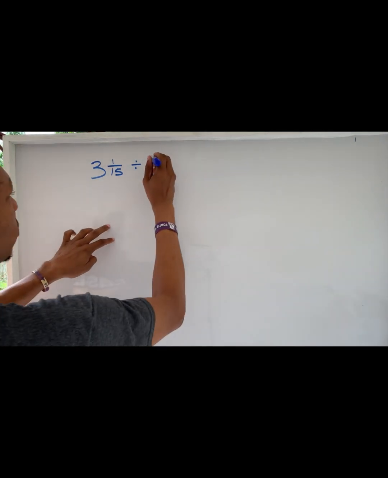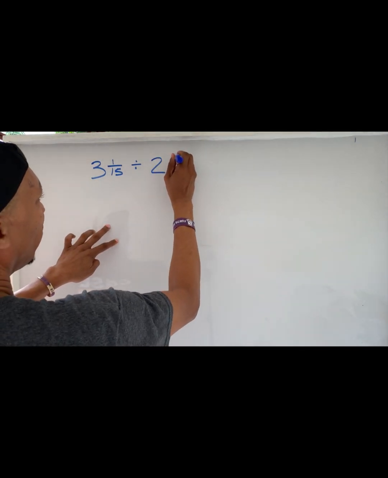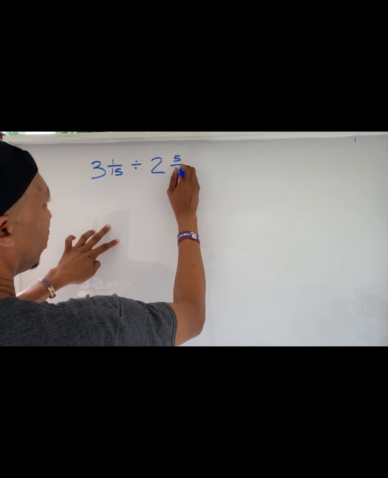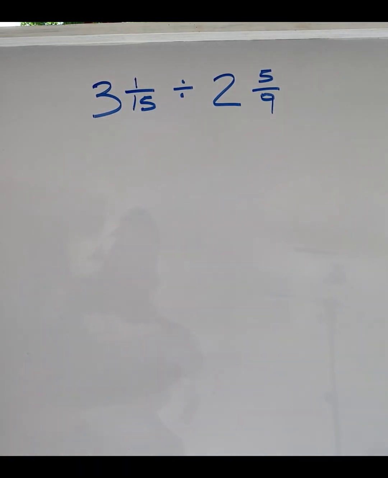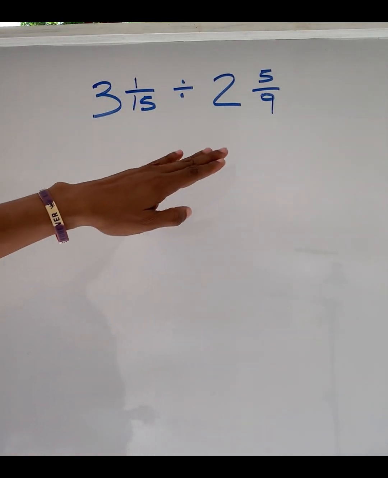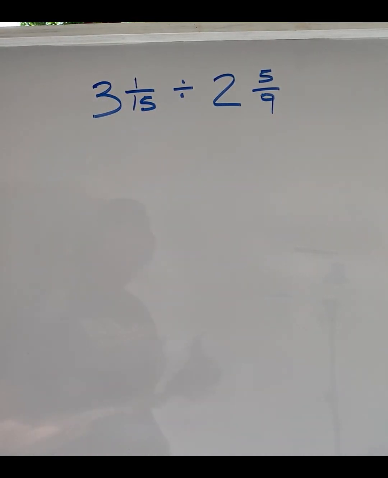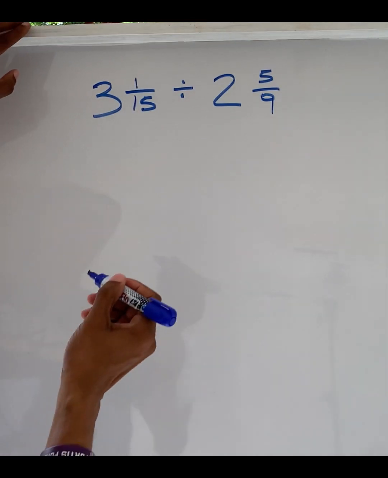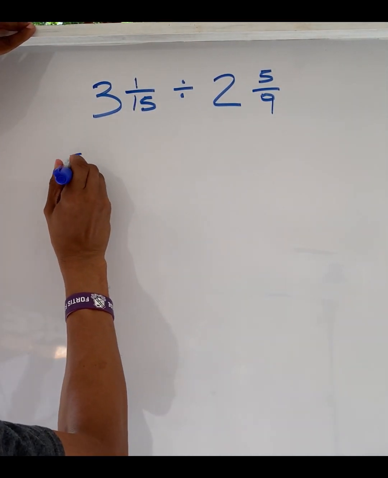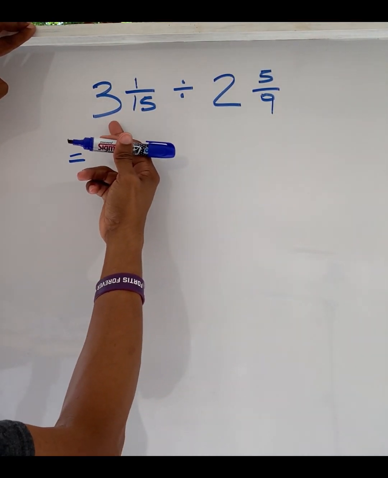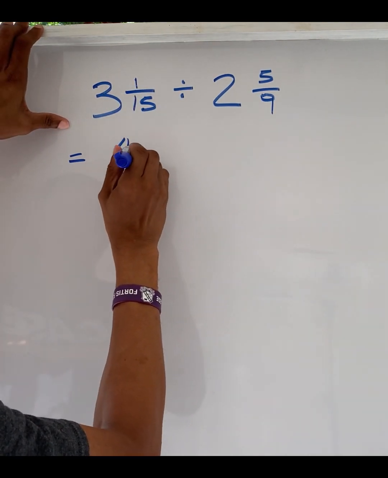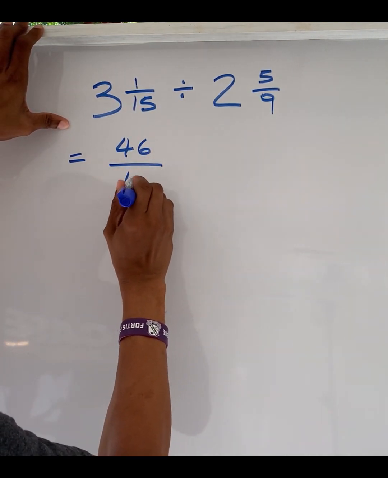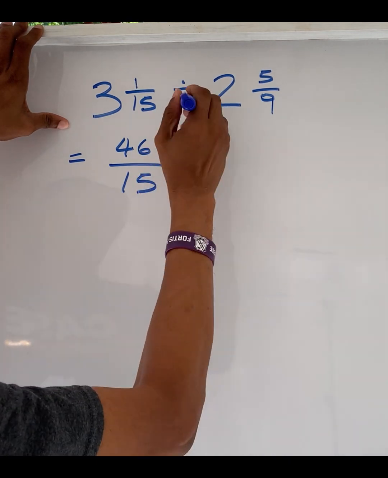Okay, so let's do one more example for the road. So we have 3 and 1/15 divided by 2 and 5/9. First thing we do, we convert these mixed numbers into improper fractions. Remember that we convert our mixed numbers into improper fractions. So 3 and 1/15, 15 times 3 is 45, plus 1 equals 46/15.